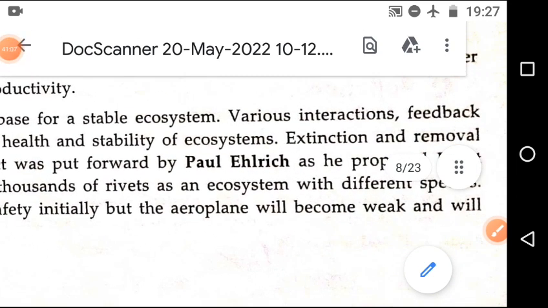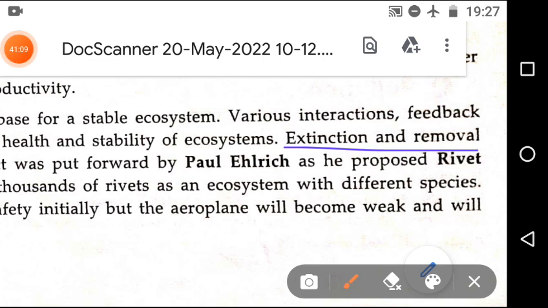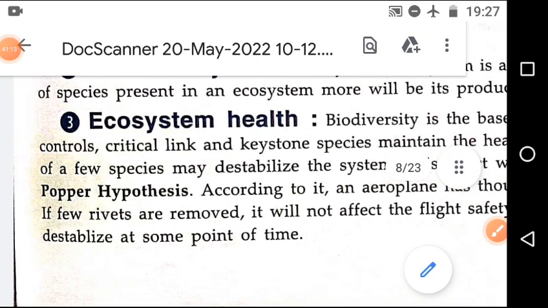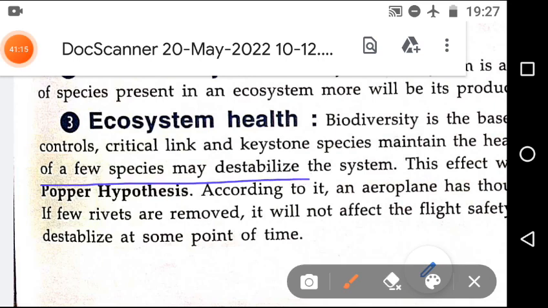Extinction, from this line: extinction and removal of a few species may destabilize the system. Now, if we somehow make a species extinct, or somehow remove some species in the ecosystem, it will be destabilized.